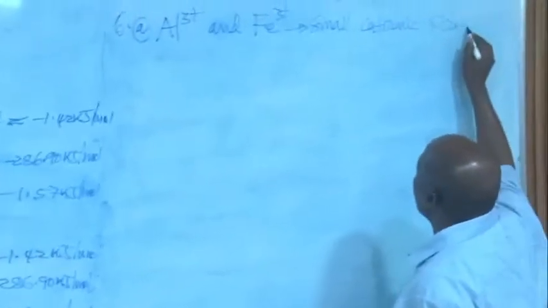Now aluminum, the reason is that aluminum and Fe3+ ions are very small. They have small cationic sizes.